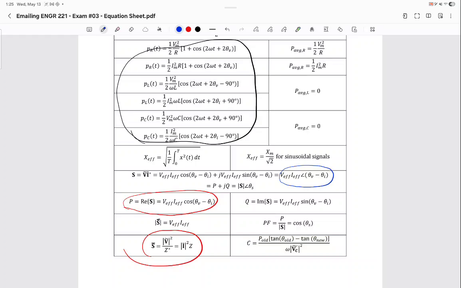Preston, you ready? Can you tell me what is V effective for the voltage source? Easy questions. No, Preston. So what is the V effective of the voltage source?